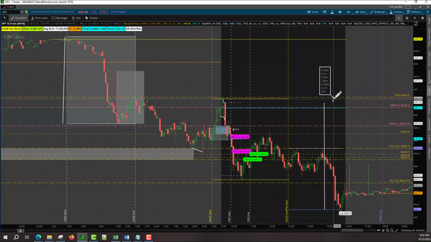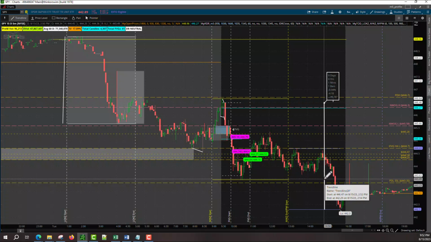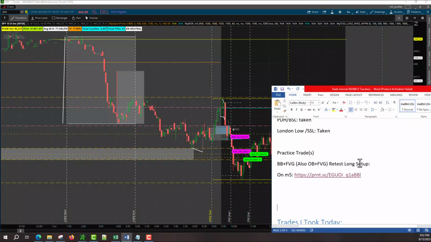Can you believe that? 18 cents and you get $4. Wow, what a trade. So basically we risked 18 cents and got $4.80. Man, what a risk reward ratio. Beautiful.